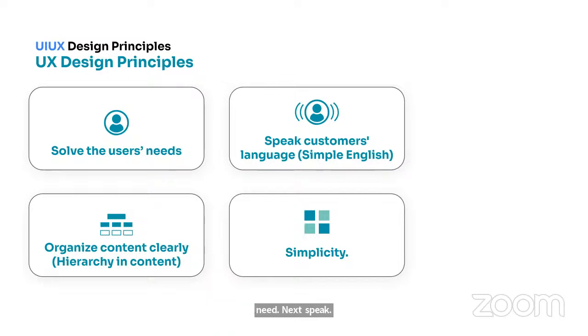What do I mean? Just speak in simple English. Don't go and start using heavy English, or words that are deep in vocabulary, so that people would not have to go and buy a dictionary to use your app.